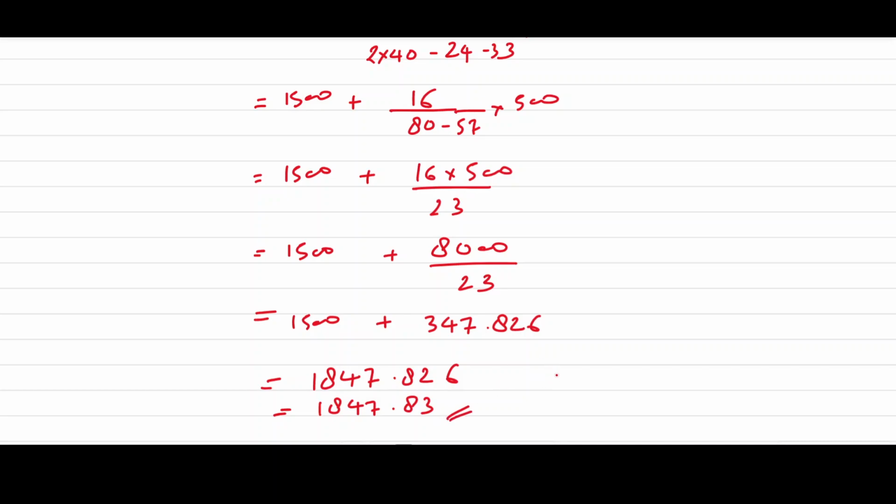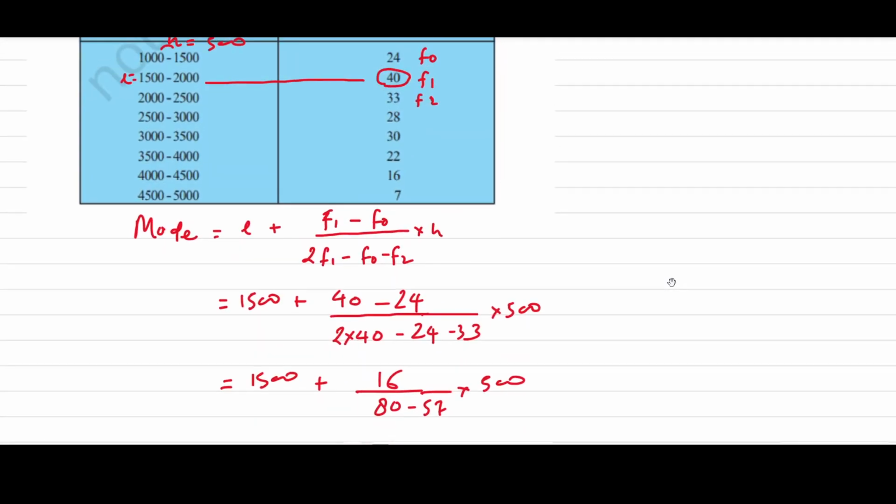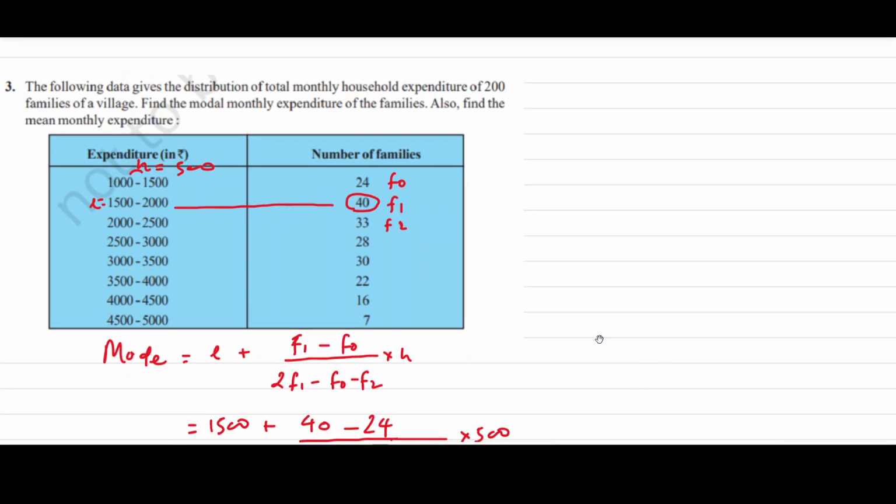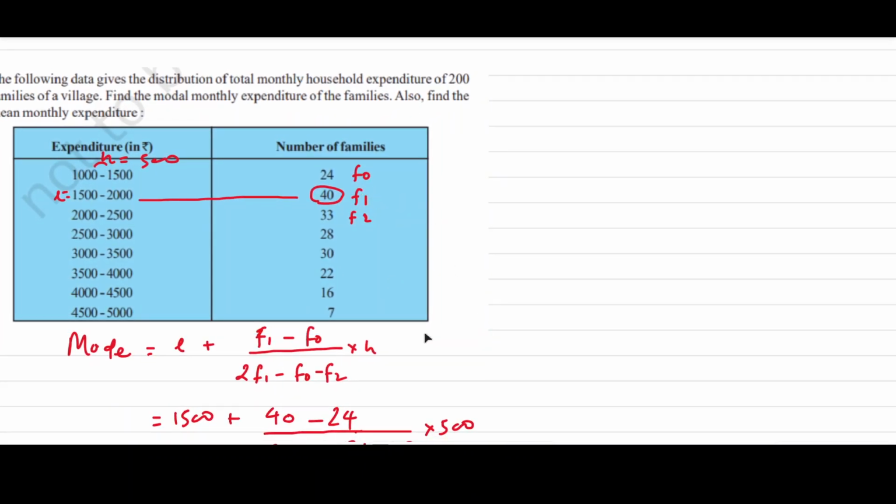This is the model expenditure in monthly. Now according to the question, we have to find the value of mean as well. So first we should write the number of families in the table.